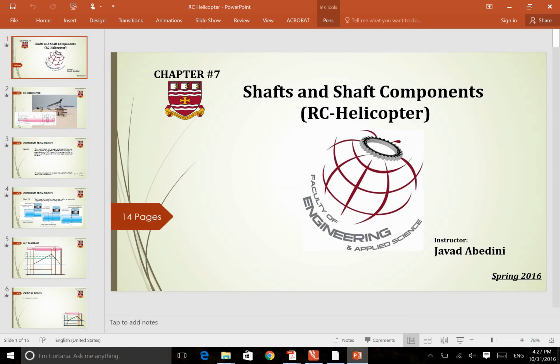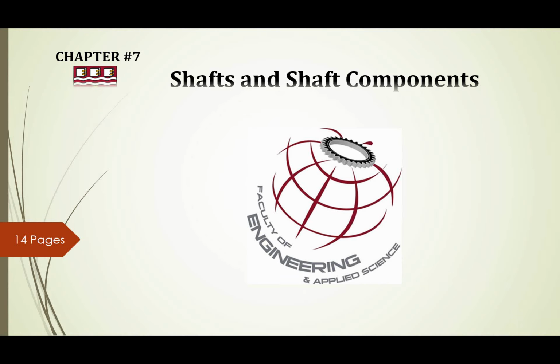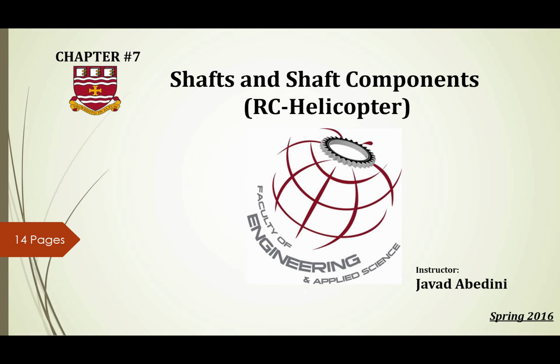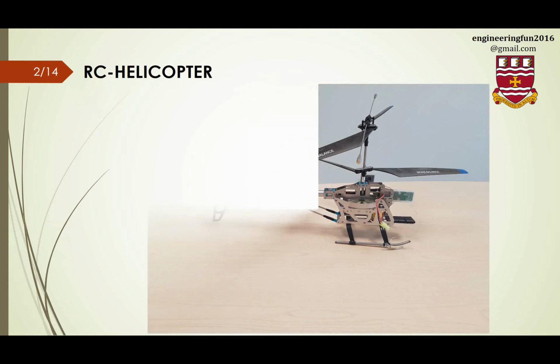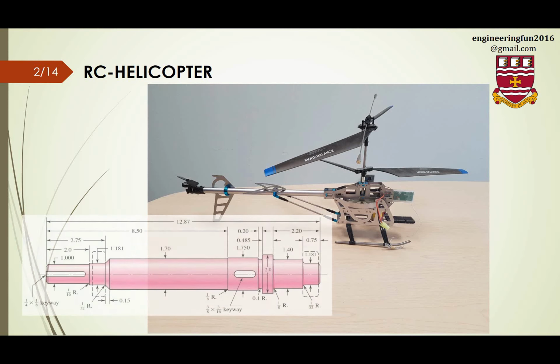Okay, in this lecture we're going to continue our example by finding a factor of safety for potentially critical points of the beam. So that was the RC helicopter, and that was the analogy that we made for this question.